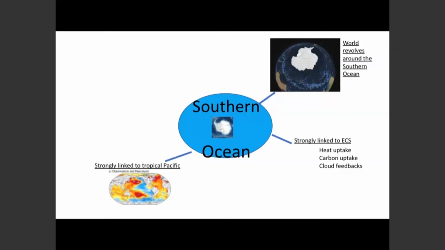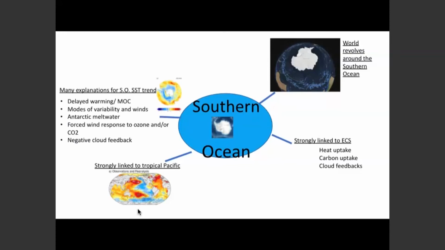And one thing I've noticed consistently, the sign of the change in the Southern Ocean is always the same as the Eastern Pacific or the Central Tropical Pacific. If one region is cooling, it's likely that the other region is cooling. And this relationship is found on a variety of timescales. I don't want to say on all timescales, but it certainly extends beyond the interannual ENSO timescale, where you see this strong connection between the Southern Ocean and the tropics.